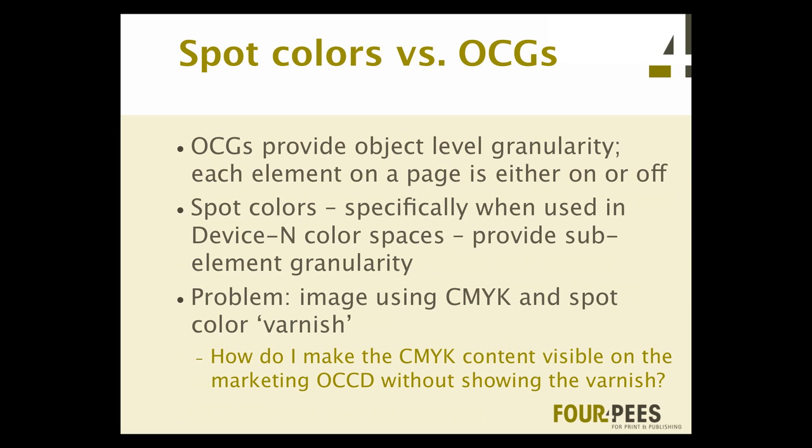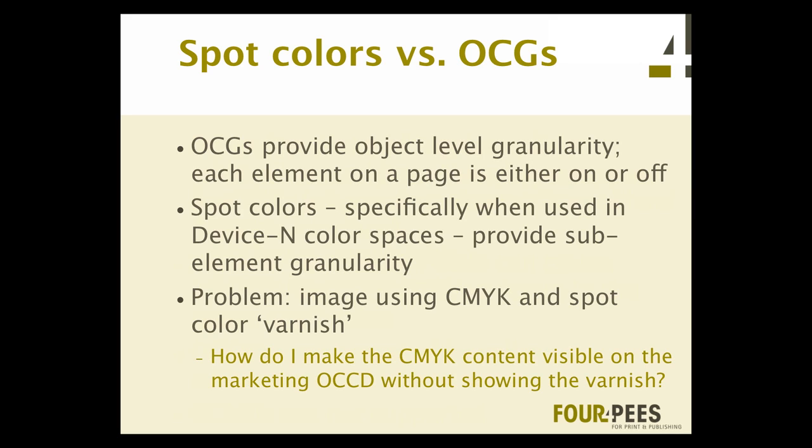Spot colors versus OCGs, and one more detail point, just to highlight some of the difficulties that you run into when you start thinking about that. OCGs provide object level granularity. So basically you look at the page content, and for different objects you say, this is part of this OCG, this is part of another OCG, and so on.